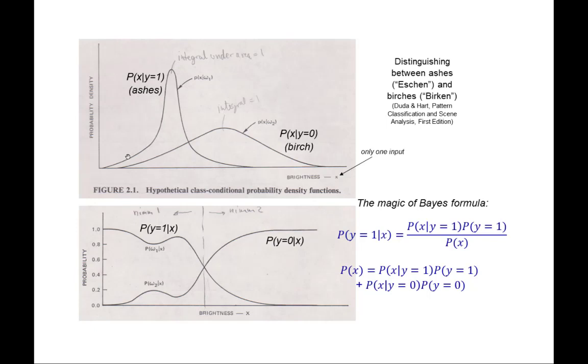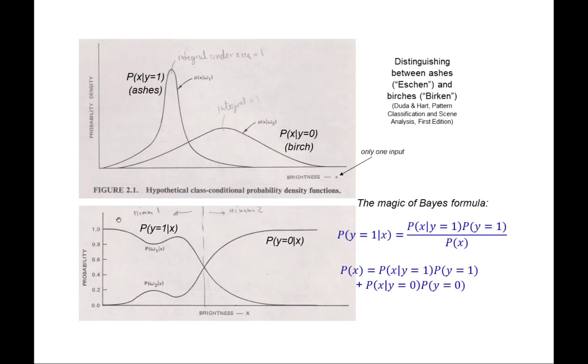So then you get P of x given y, and maybe P of y, so there's the same amount of birchwood and ashwood. Otherwise, you can put in different numbers. If they have the same probability, just put in 1/2. And you apply this formula, and then you get the posterior probabilities. So this would be the one for ashes.